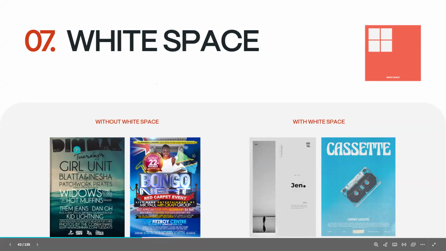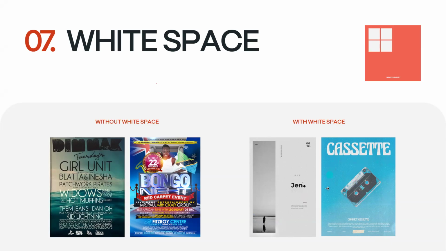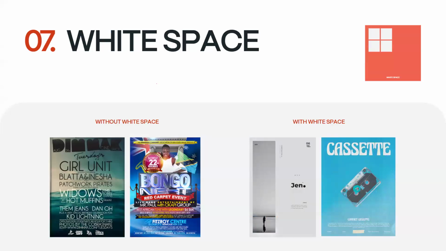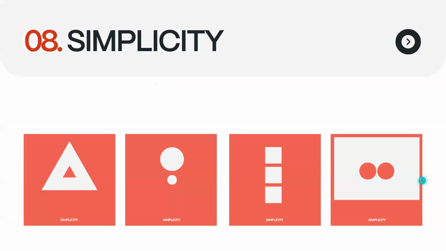This is so clumsy and the message is not clear. But this one has so much white space to convey our message and let the main subject be easier for our eyes to look at for as long as we want.